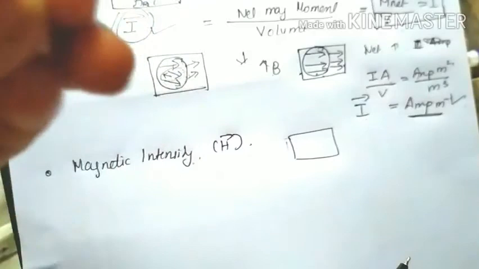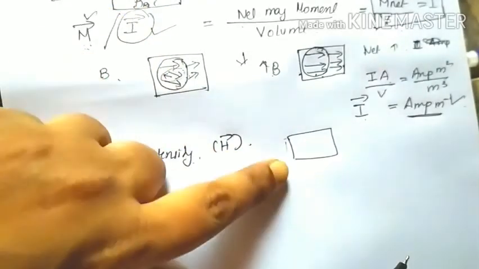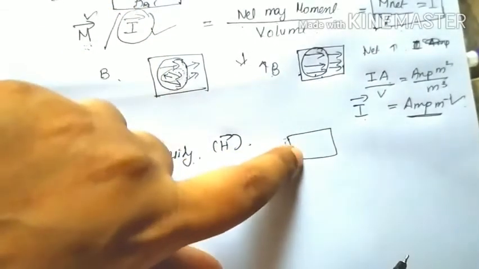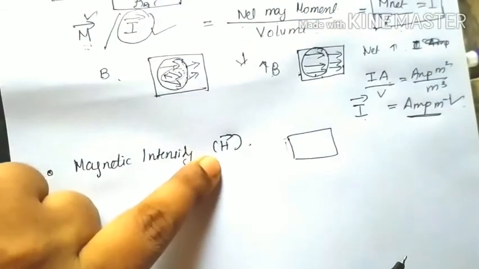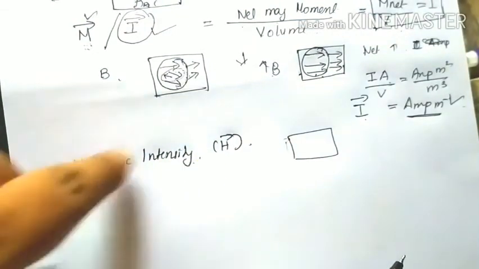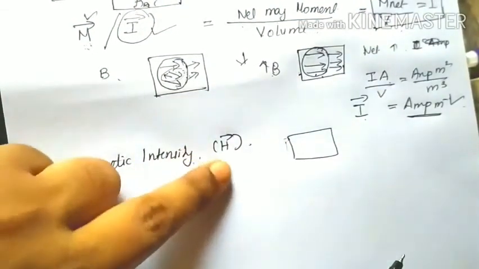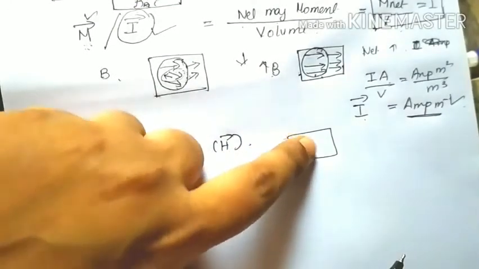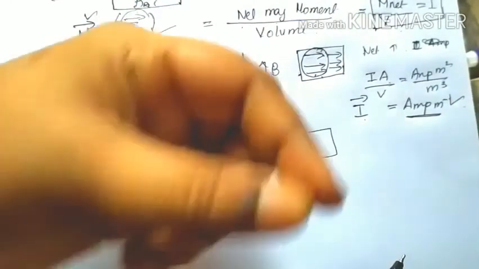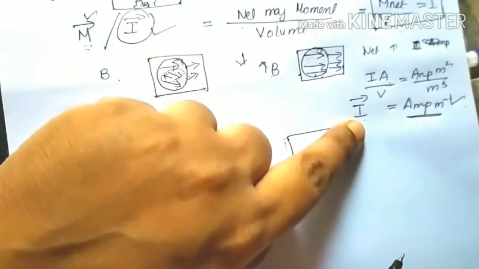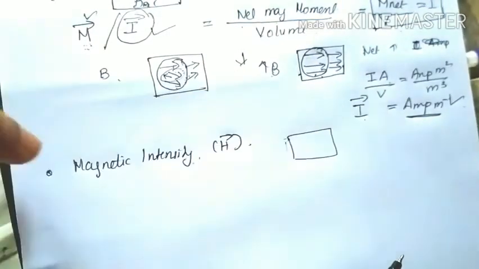The intensity of the external magnetic field which is provided to magnetize this object is known as magnetic intensity. Now, after providing a magnetic field of magnetic intensity H bar, a magnetization occurs per unit volume, which is known as I, the magnetization vector.